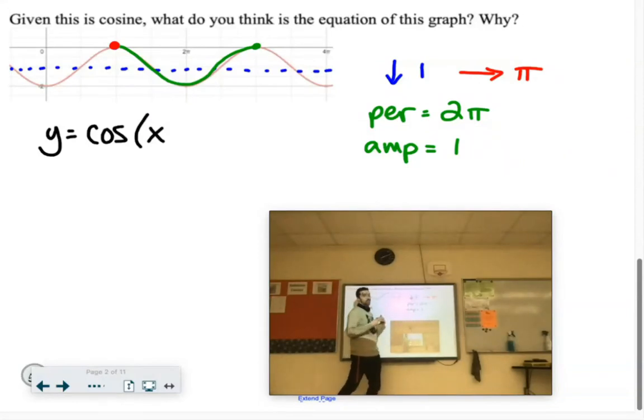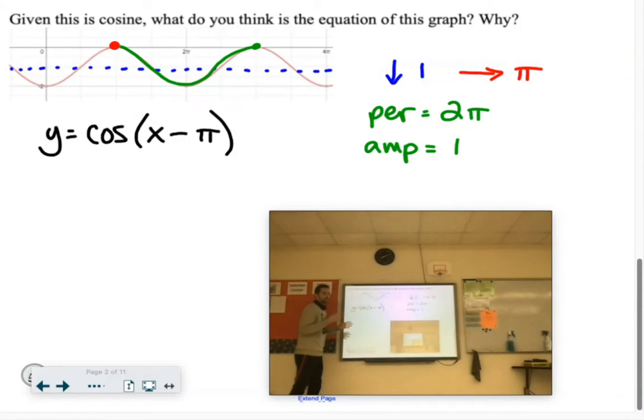It is shifted to the right pi units. So if it is shifted right, we're going to say minus pi. That gets grouped with the x, the right and left. Now the vertical one, that comes after the parentheses with the x. This is shifted down 1 unit, -1. Fantastic.